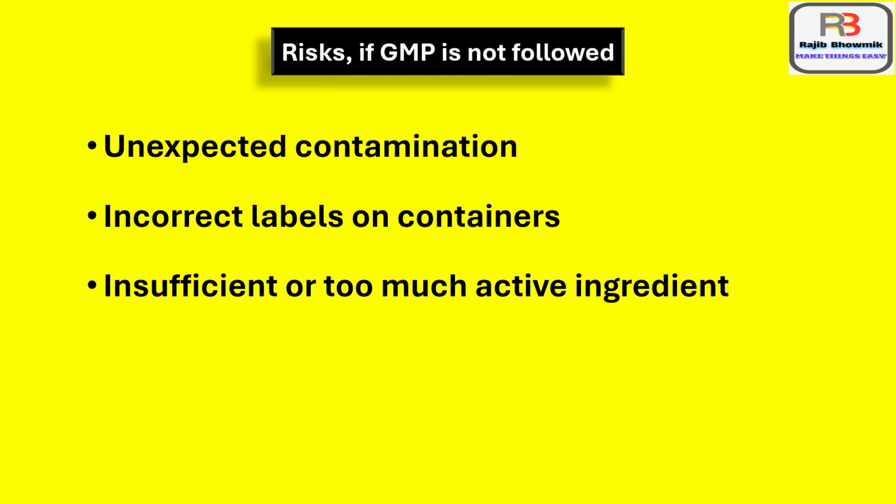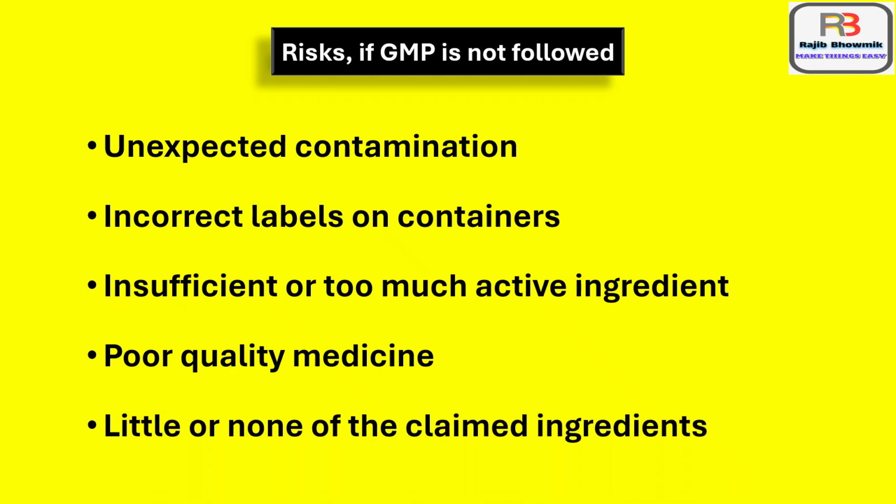Insufficient or too much active ingredient resulting in ineffective treatment or adverse effects. A poor quality medicine may contain toxic substances that have been unintentionally added. A medicine that contains little or none of the claimed ingredients will not have the intended therapeutic effect.